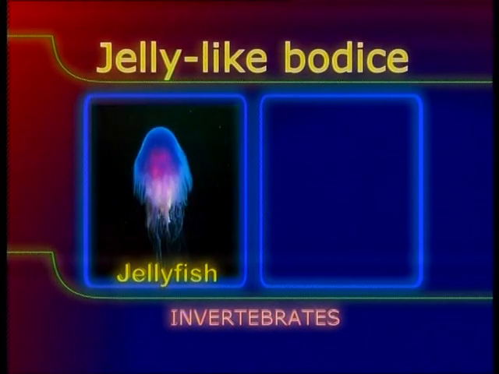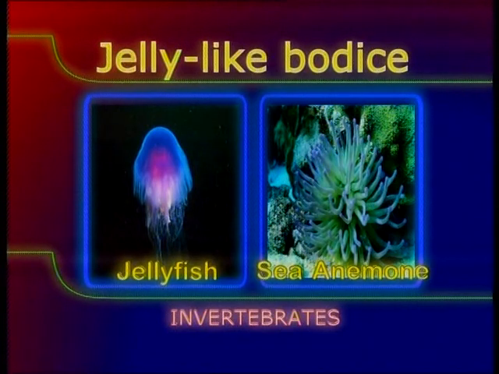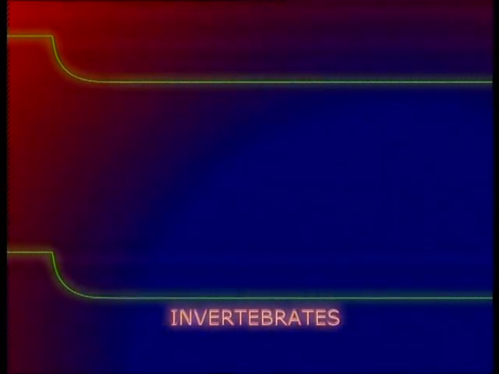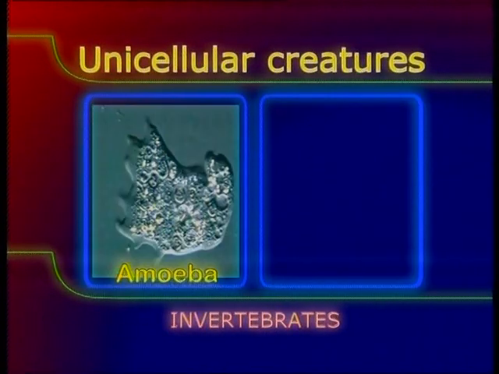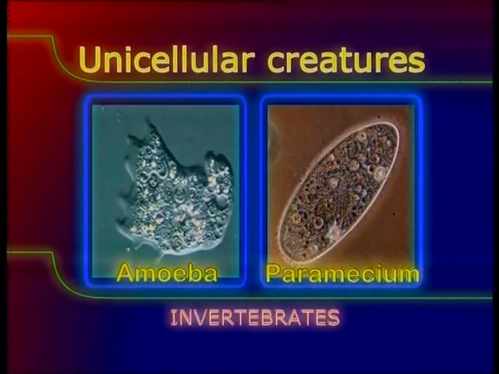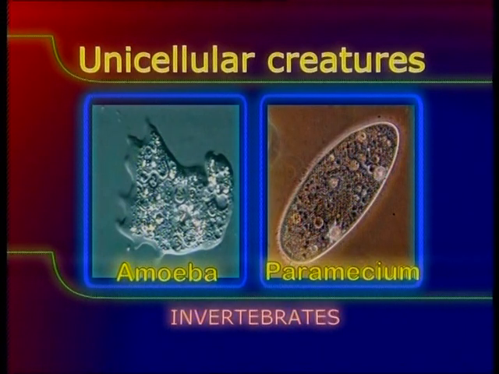Examples of these creatures are jellyfish and sea anemone. Lastly, the unicellular creatures like the amoeba and the paramecium. You see, they are unicellular because they have one or a single cell.